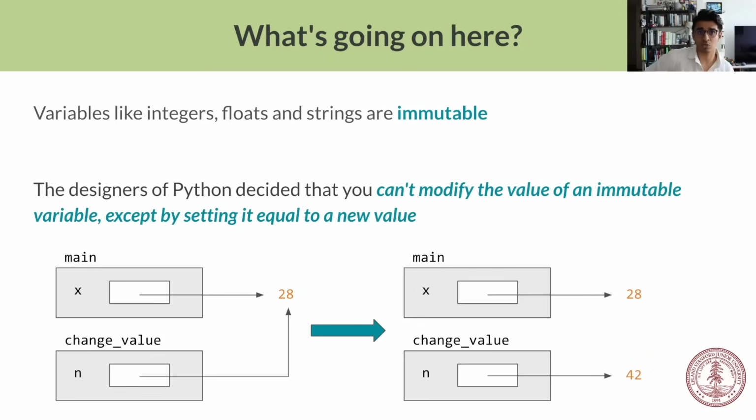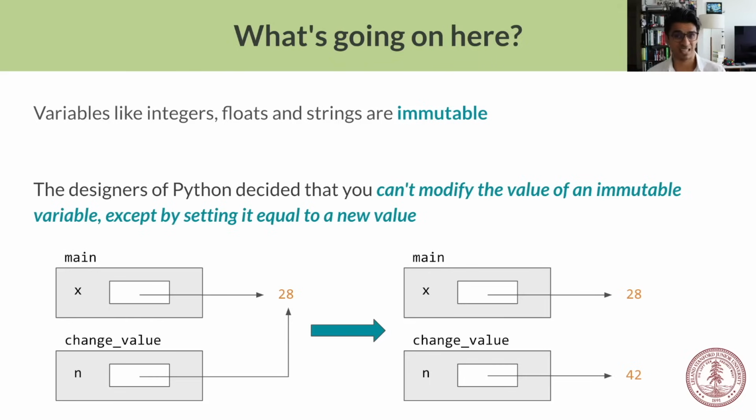Let's go back to the program I showed you at the very beginning, where we had main and change value each pointing at the 28, but then we got to a point where x and n were both pointing at different values over here. The key distinction over here is that variables like integers, floats, and strings, the variables that you've maybe been using the most in this class so far, are what we describe as immutable.